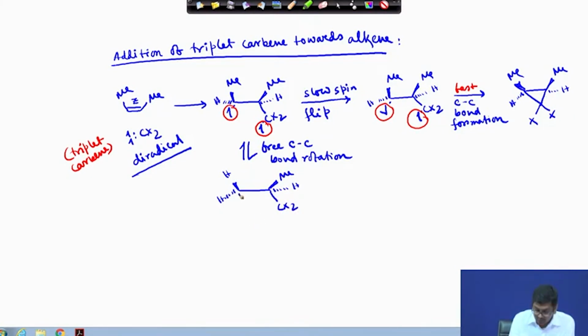Something like this. Once it forms this, then again to prepare the cyclopropane ring, they have to make the carbon-carbon bond here. For that, again the spin flipping is required.